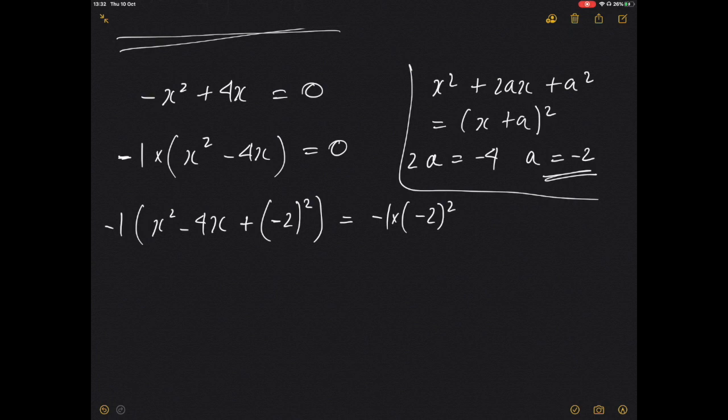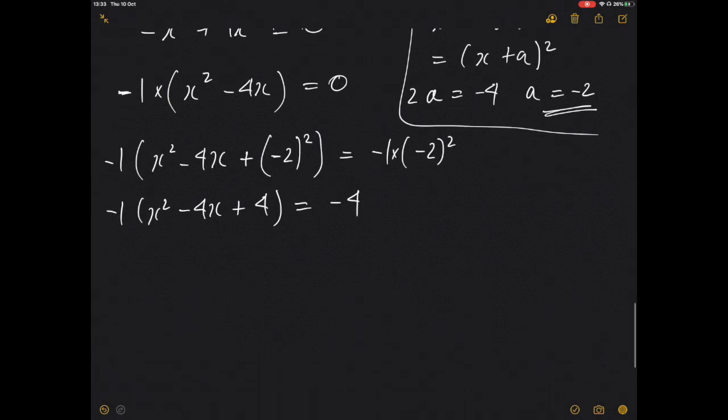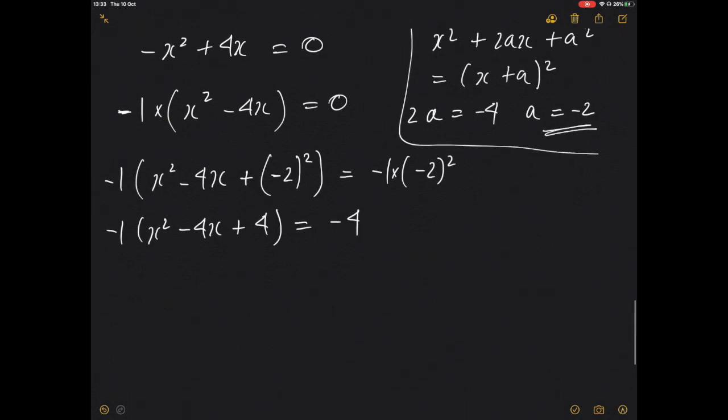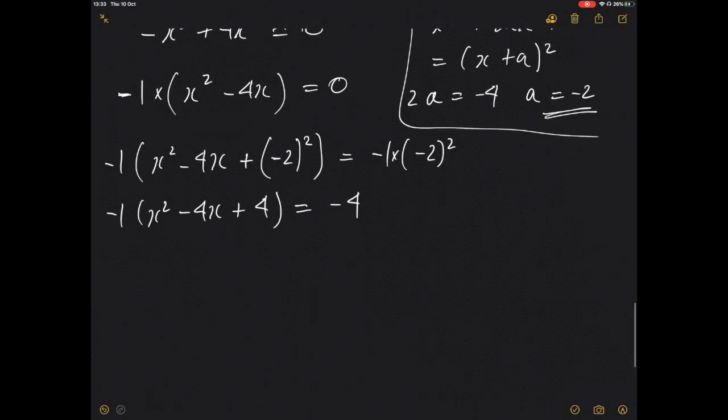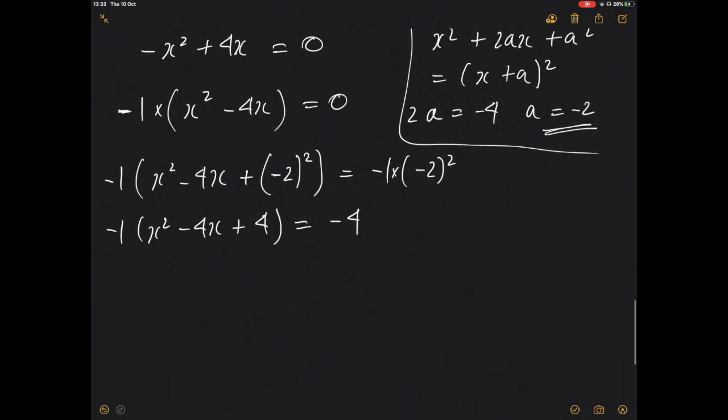We're going to see that that equals negative 1 times x squared minus 4x plus negative 2 squared, which is 4, equals negative 2 squared times minus 1, which is negative 4. And then if we look at our final answer, we could maybe multiply all this through by negative 1 if we wanted to, or we can keep it as it is.